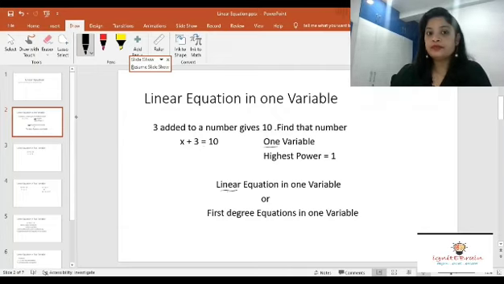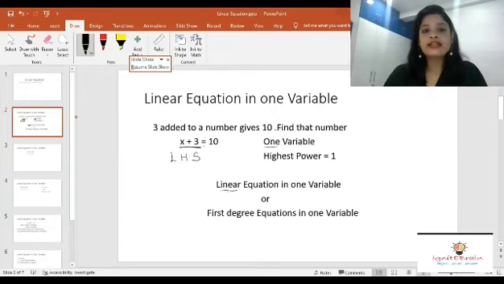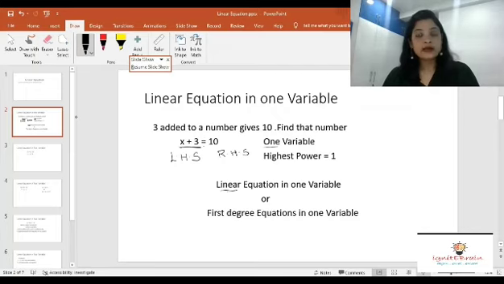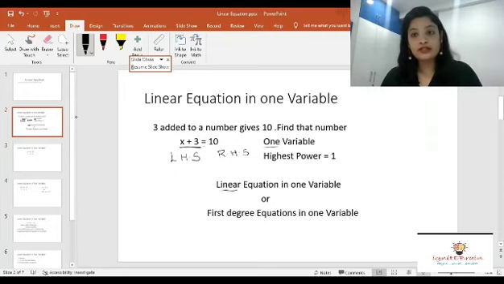To its left side it is the left hand side, called LHS, and to its right side it is the right hand side, called RHS.